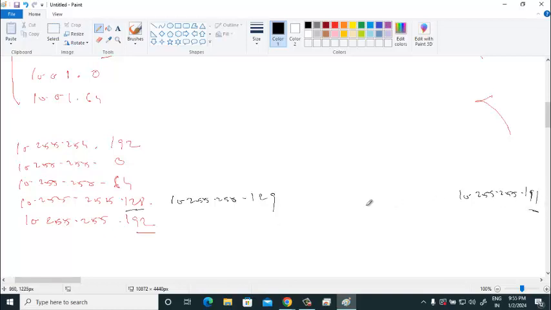Now, how many IP addresses do you need in a department? Subtract the first number from the last number. 190 minus 128 is 62.